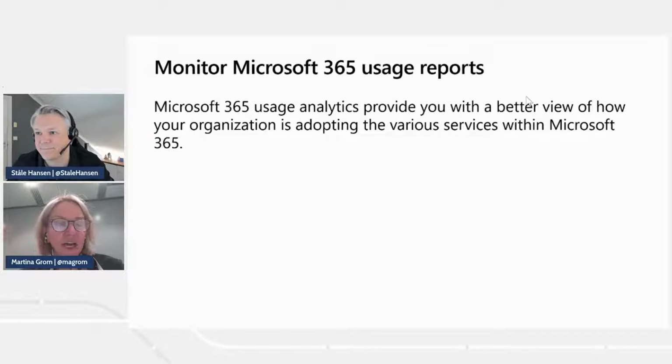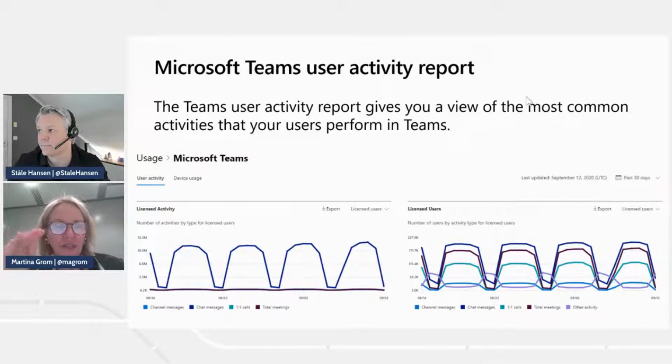Also, what you can see here is, for instance, if you look at the Teams usage report, like we have it here, we can see how Microsoft Teams is used. Here you see how many users are licensed and how they are using it over the last 30 days. You can also look at what they are doing within Microsoft Teams.